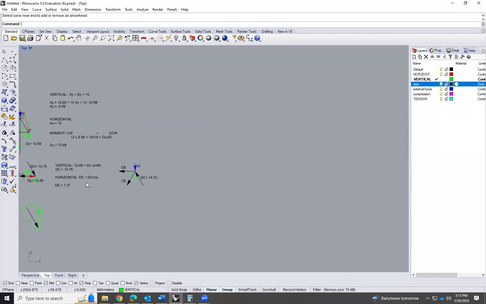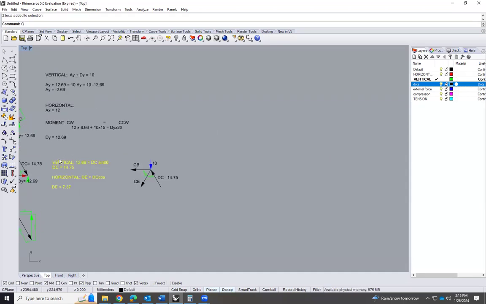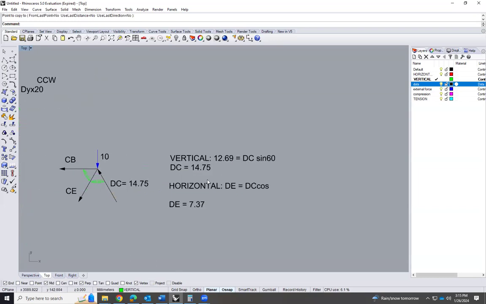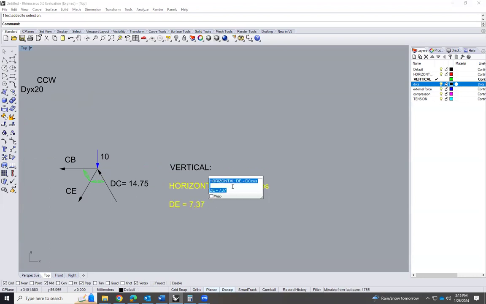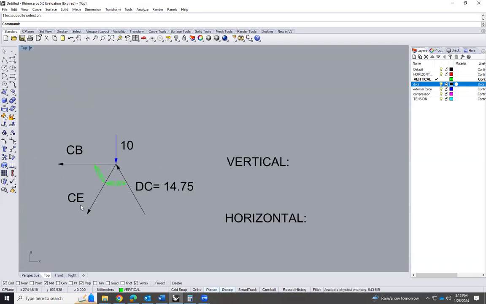Okay, so vertical and horizontal. Copy this one. Vertical equilibrium and horizontal equilibrium. Get rid of all these. And horizontal. So what's the vertical? Well, there are a lot of things here.